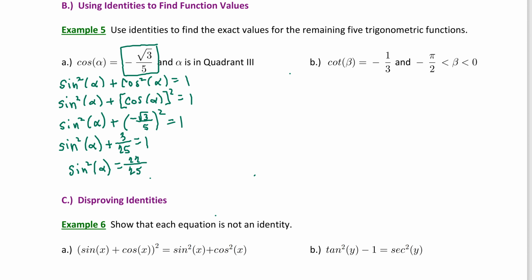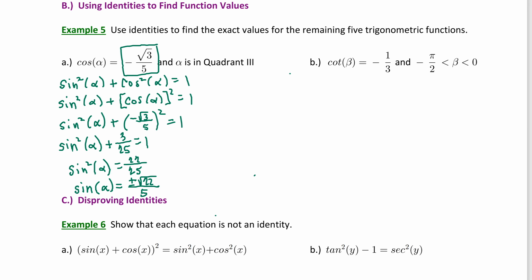So just getting a common denominator there. Then taking the square root of both sides. The square root of sine squared of alpha is sine of alpha. But once again, when we take the square root of both sides, we get one positive and one negative root. The top is 22. That does not simplify under the radical. The square root of 25 on the bottom does simplify to give us 5.